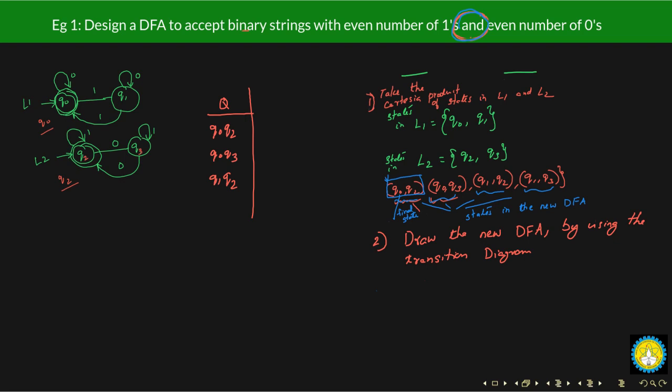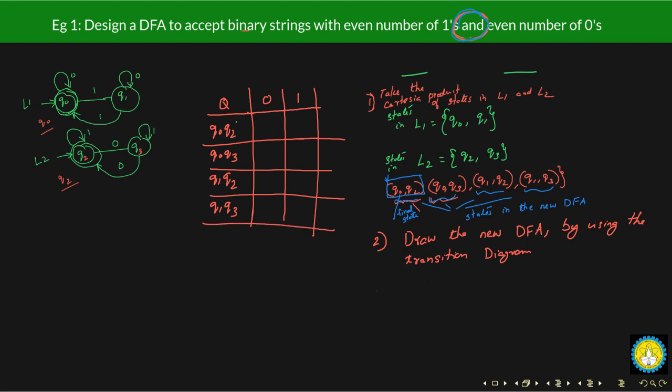So these are the new states which I am having. Now I have to design for the 0 transition and for the 1 transition. So this is my 0 transition, and this is my transition on 1. Let me write the transitions here. Now we are interested in knowing the transition of Q0, Q2 upon getting a 0.